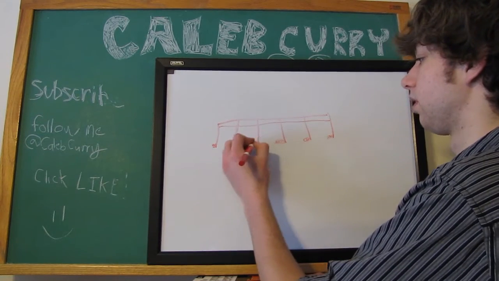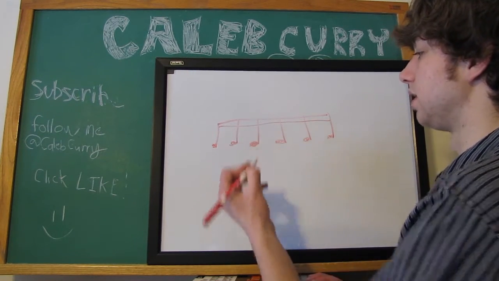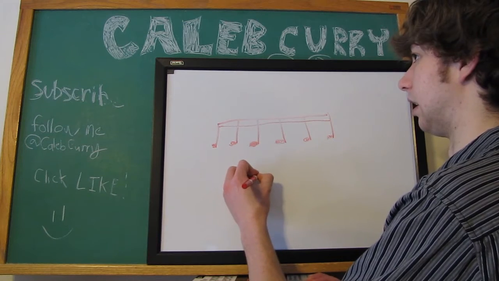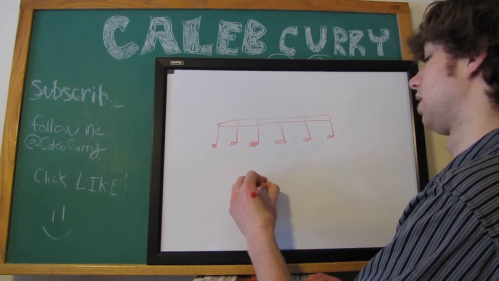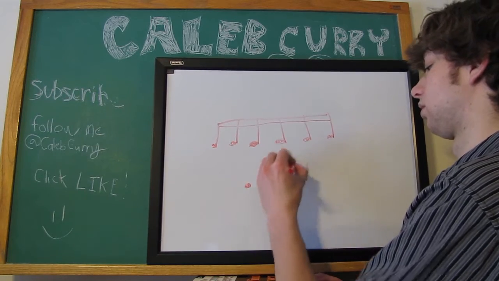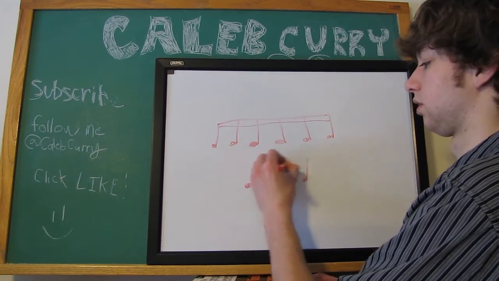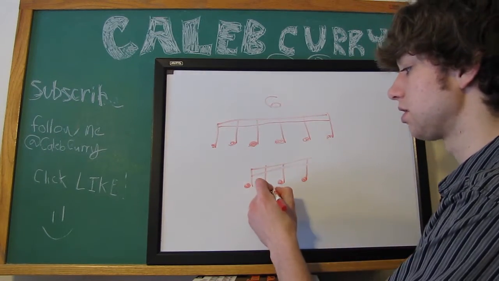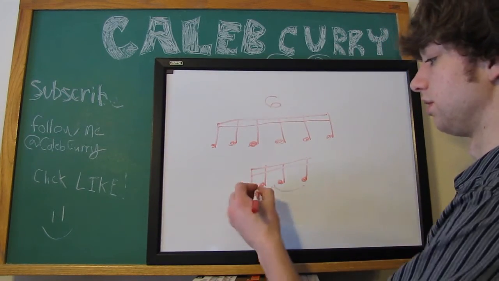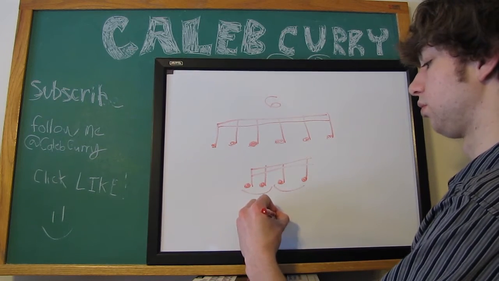So this is the same as replacing 4 16th notes with 6. Basically, for every 2 of these, we put 3. So instead of 2, we put 1, 2, 3.